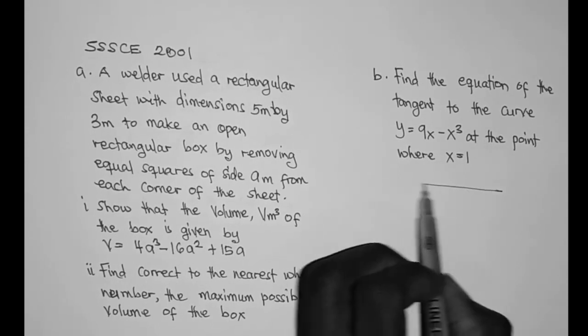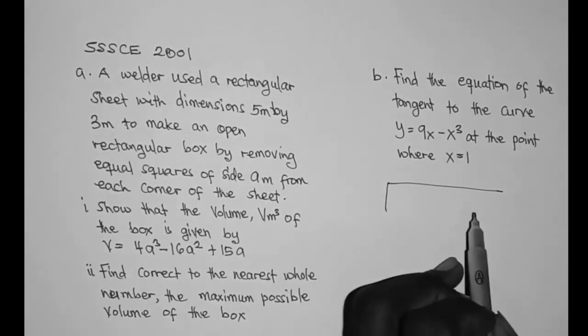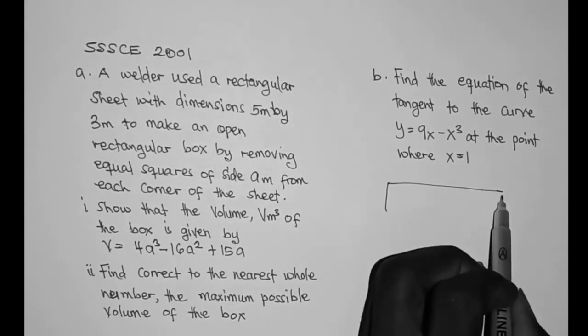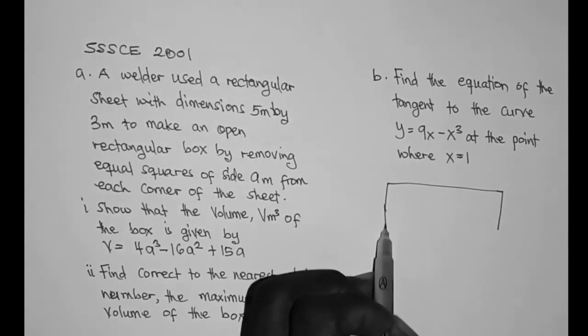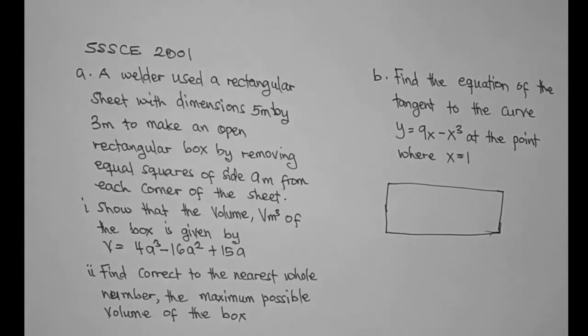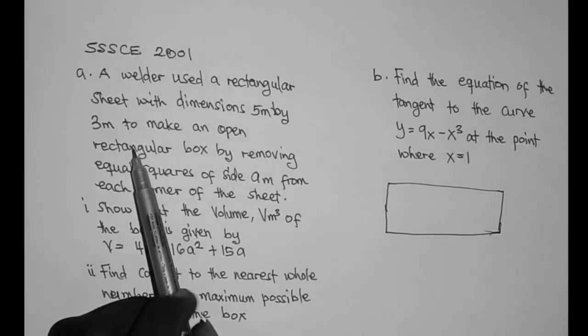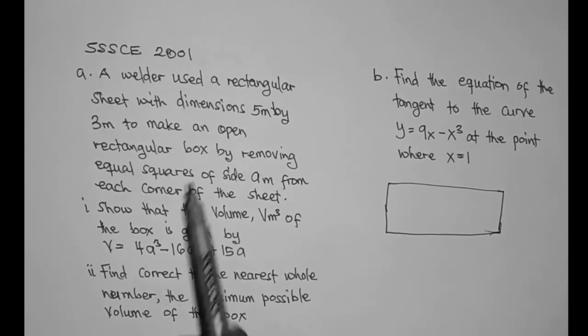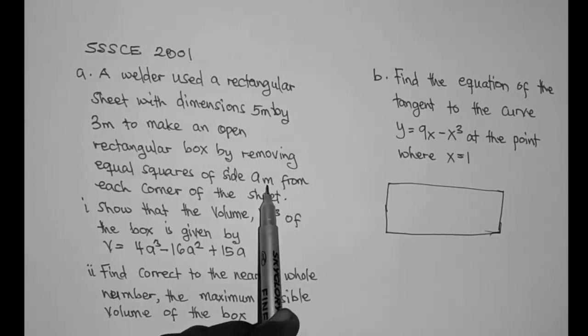Let me sketch a rectangular sheet somewhere here. So let's assume this is our rectangular sheet. The question says that he removes squares of side A meters, and we know that a square has equal sides.